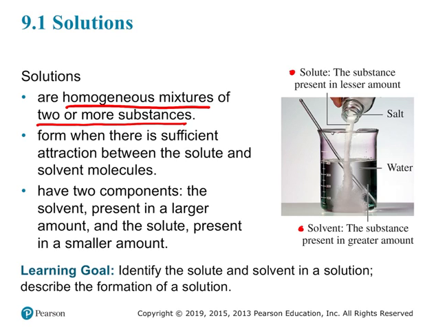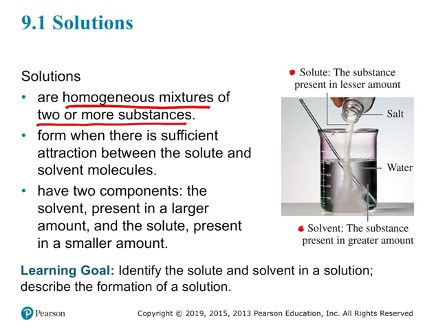So in the example shown in the figure on the right, we have salt added to water, and salt is present in a smaller amount, so it's the solute, and water is present in a larger amount, so it's the solvent. And water is typically our solvent, although you can have different solvents.